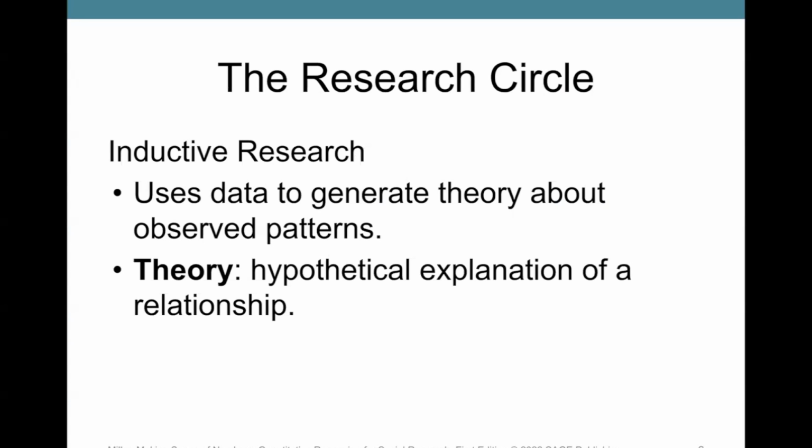This we call theory. Theory is nothing more than a hypothetical explanation of a relationship. It is a plausible explanation of some observed phenomenon. Some people even call it an educated guess. Now, it is a little bit more than just conjecture that you pull out of your mind. It is usually based on observed patterns in a data set matched with insights from a literature review.